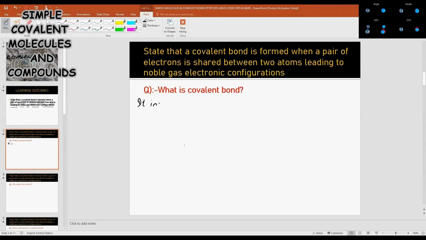It involves sharing of electrons between non-metals.